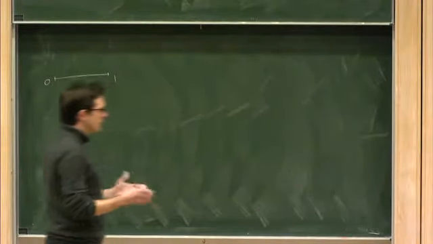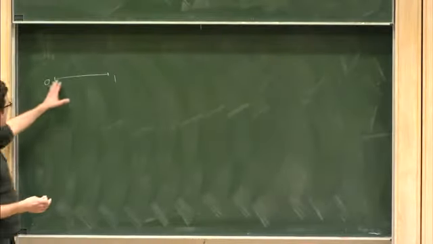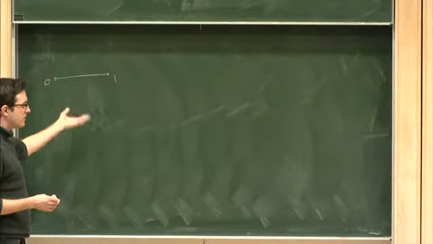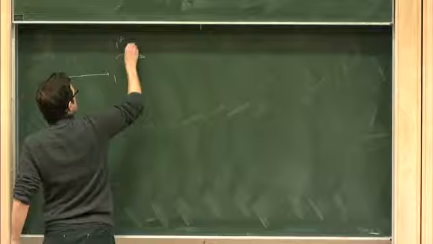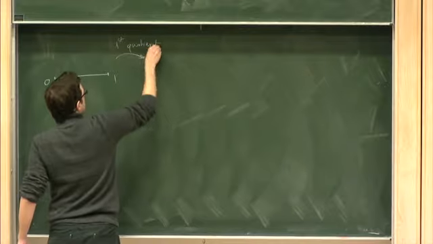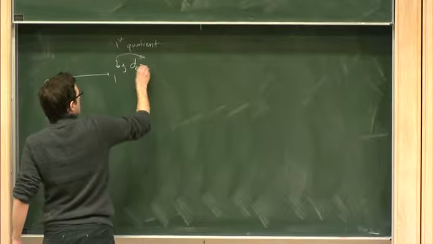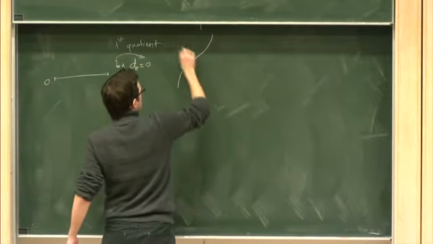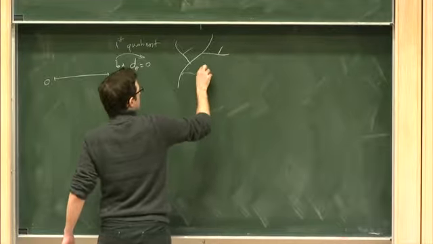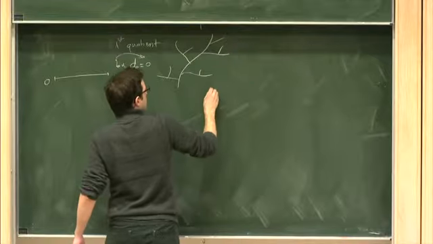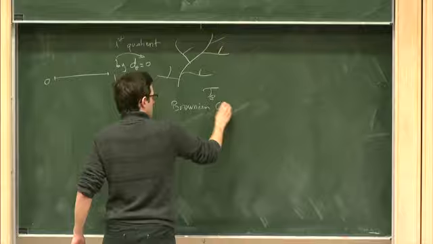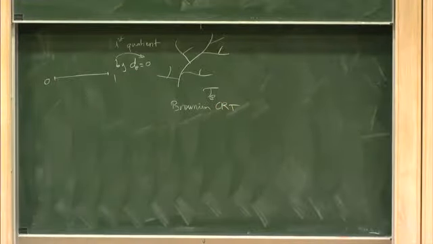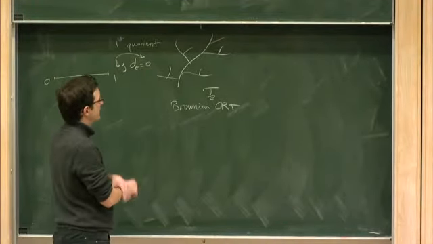If we identify points in 0, 1 by identifications of the Brownian tree, then they are the same point of the map. So if you like, we have this first quotient by dE equals 0, and that gives the Brownian tree. And this somehow is a subset of points in my limiting space S.